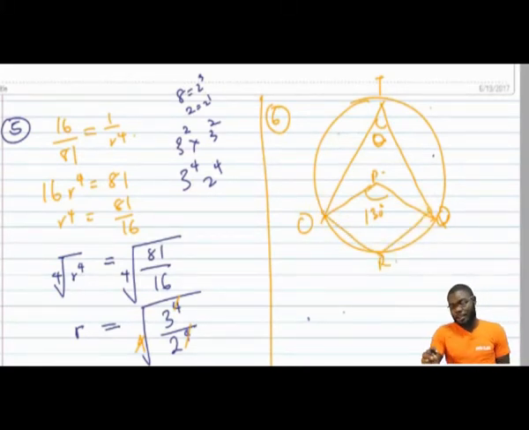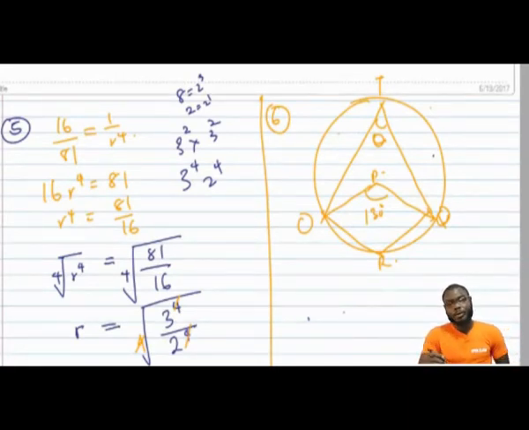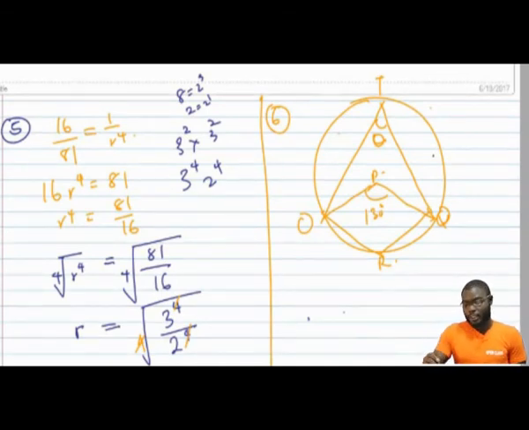This question is actually based on the angle at center theorem. Under circle geometry, there are different theorems. We have the cyclic quadrilateral, the angle at center, the subtended angle, and all that. So you can also go to the subject by topic area to look for circle geometry and have a handful of knowledge there, and then you can come back to this. All right, but I'm still going to break it down.